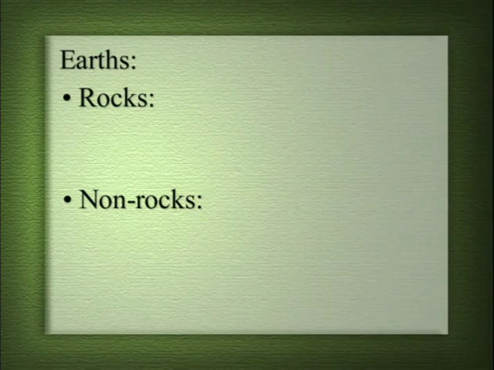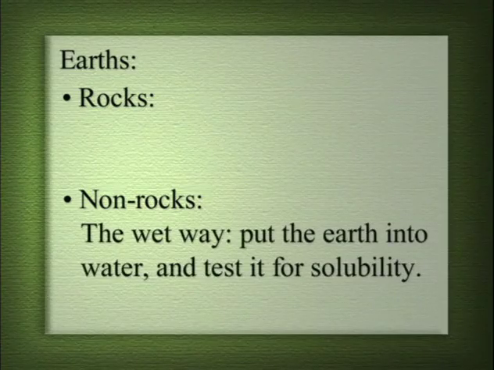For earths other than rocks, mineralogists preferred an analysis called the wet way. That is, what you'd do is put the earth into water and test it for solubility. You knew the hot springs at health spas contained dissolved earths because sometimes you could get them to precipitate out. Not surprisingly, the German mineralogists had also developed an interest in chemistry.